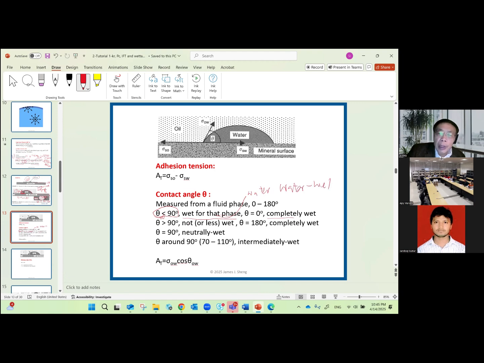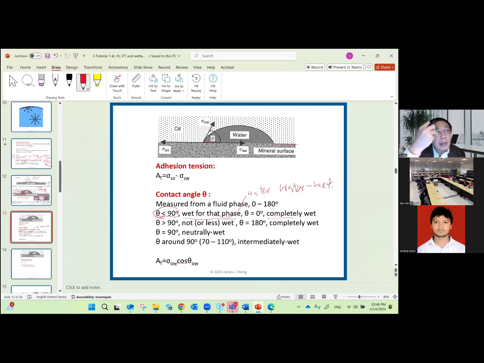Why do we call it water wet? You can imagine this has a contact angle theta. If the contact angle is 0, that means this water droplet is completely spread on the rock surface. What does it mean?